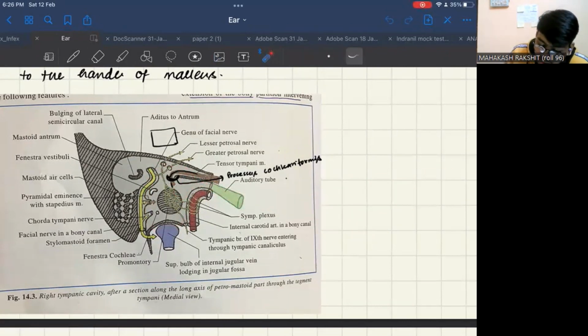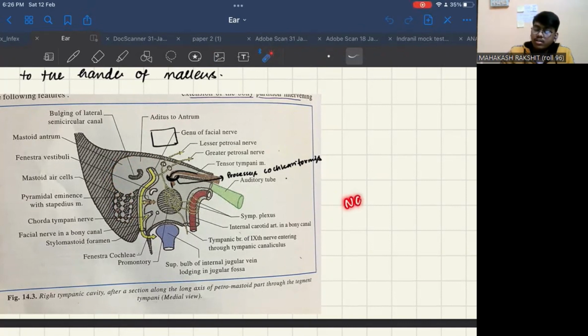Now this middle ear cavity is in communication with the mastoid antrum via the aditus to the antrum. And this mastoid antrum is again in communication with the mastoid air cells. So the infection of the mastoid antrum and mastoid air cells is called mastoiditis, inflammation of the mastoid.